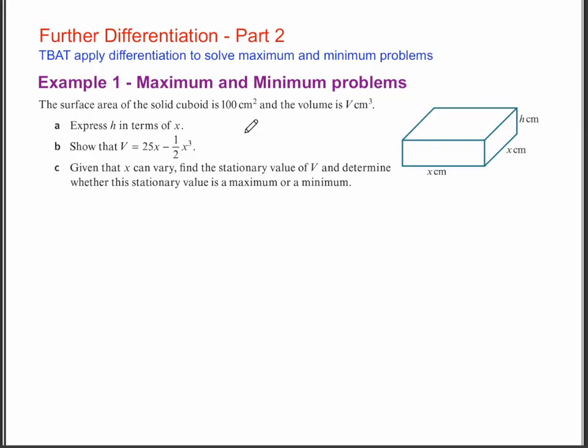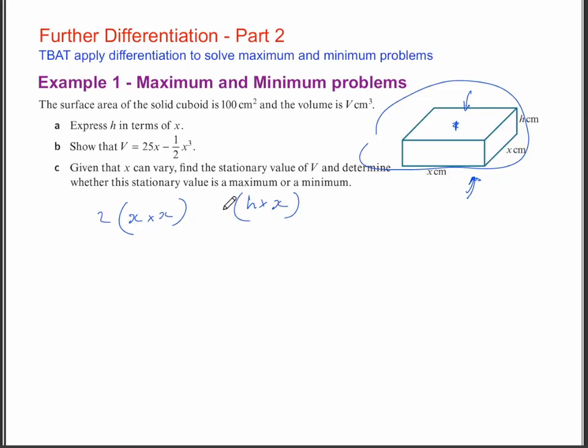So remember, the surface area is just the area of each surface on the cuboid. So for the upper surface and the lower surface, we're going to have x times x. So we're going to have 2 times that to get the area of both these surfaces, the top one and the bottom one. Then for all the ones on the side, we have h times x.